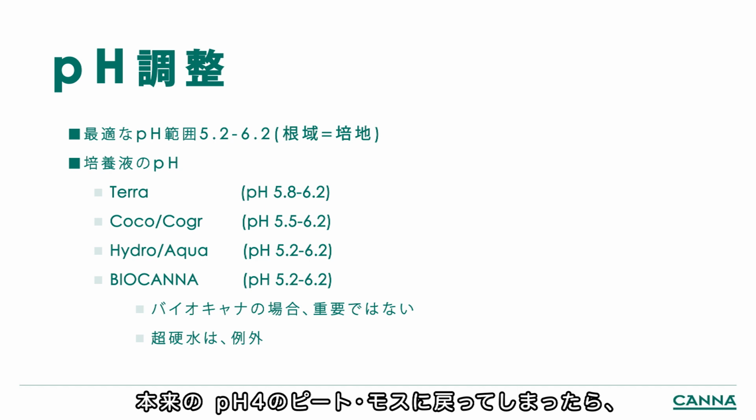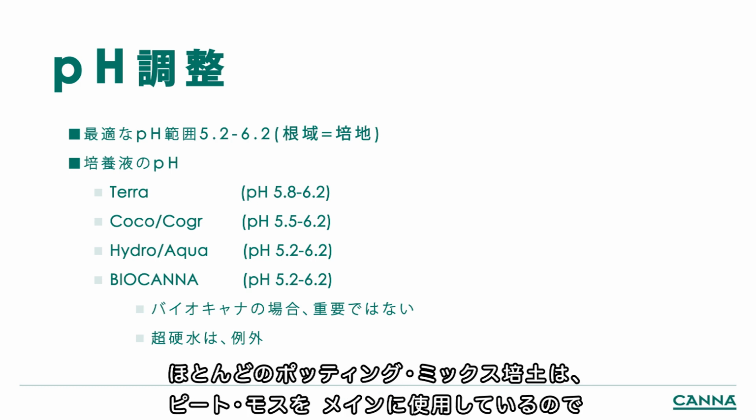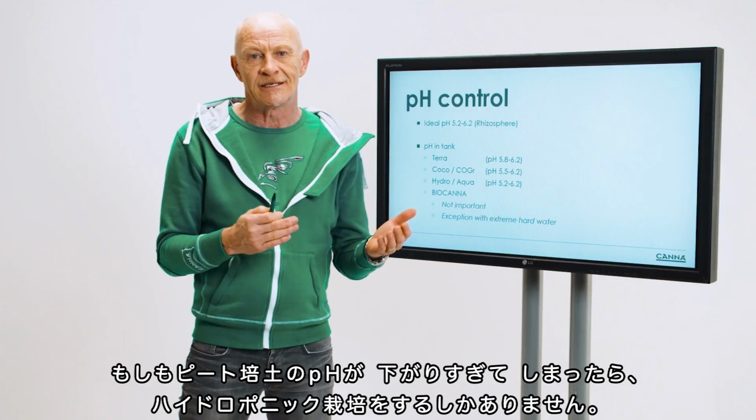And peat has a pH of 4. You cannot grow on that low pH level unless you grow in a different way, in a hydroponic way on that substrate.